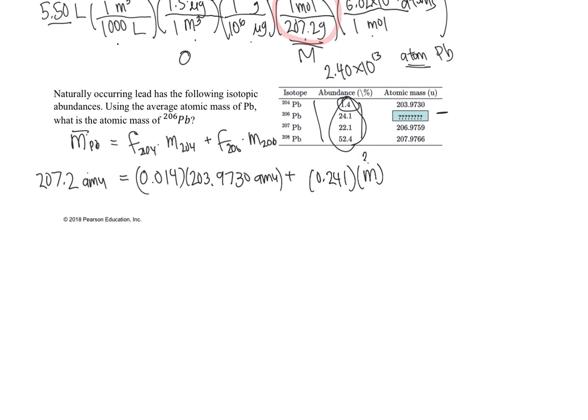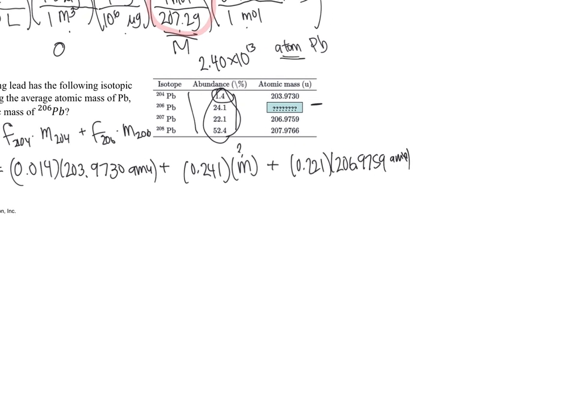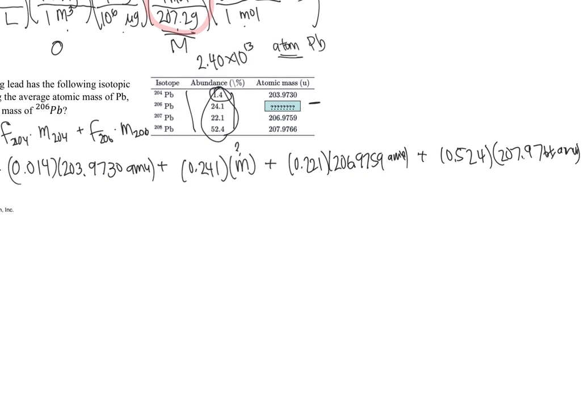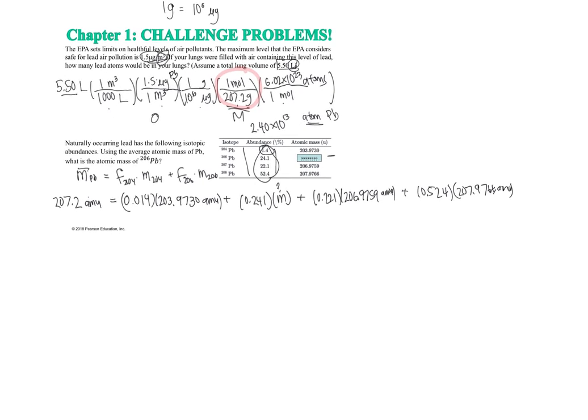We don't know what it is, question mark, plus the abundance of 207, which is 0.221 in fraction form, times 206.9759 AMUs, and then plus the abundance of lead-208, which is 0.524 times 207.9766 AMUs.